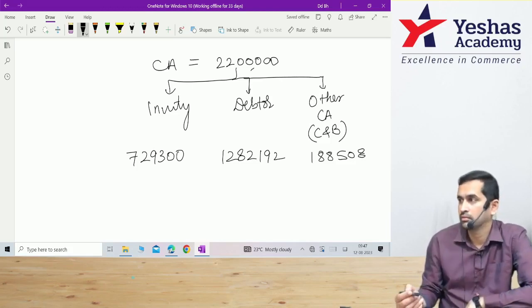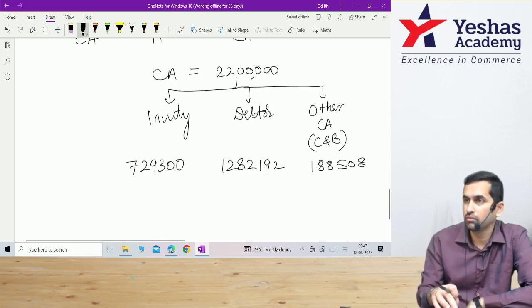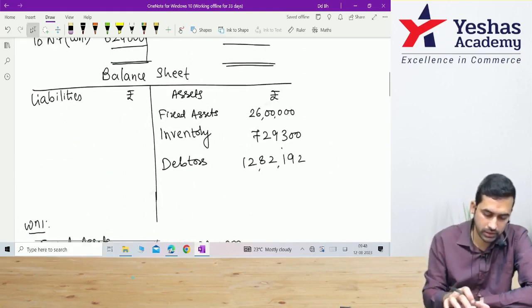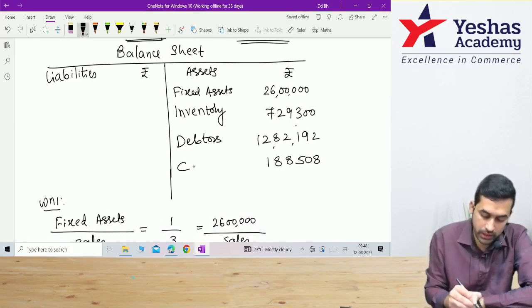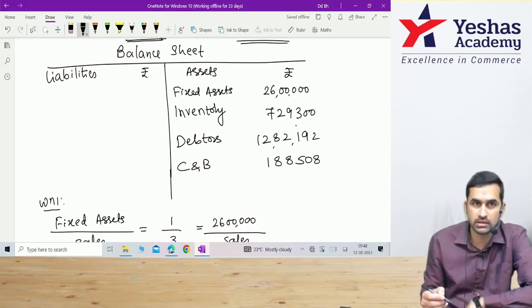Correct? 508. I'm writing here. This is my cash and bank or other current assets.